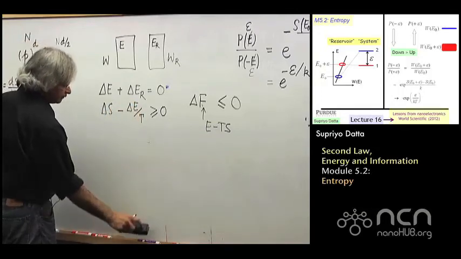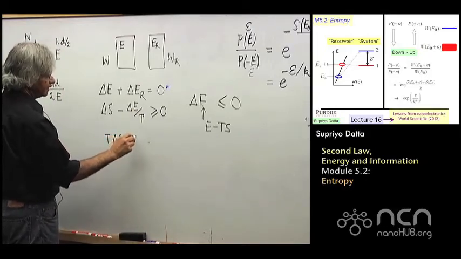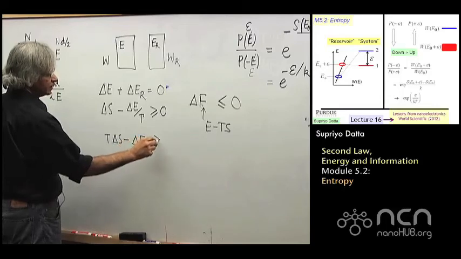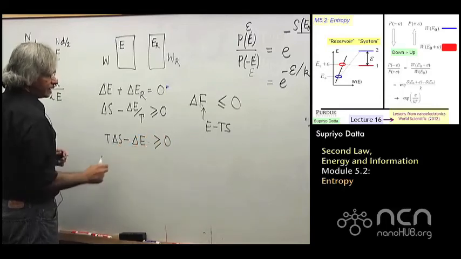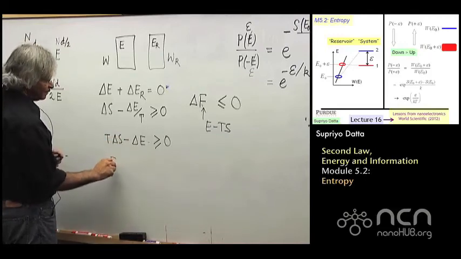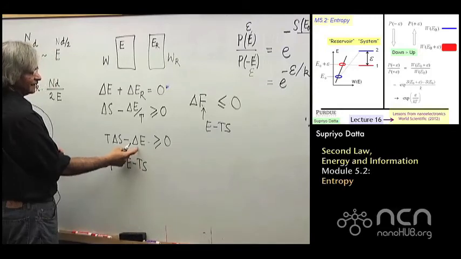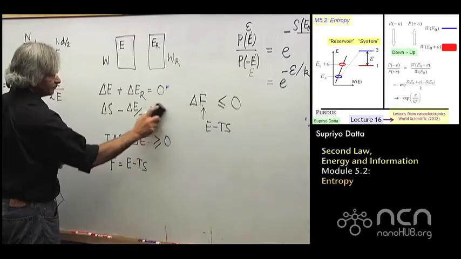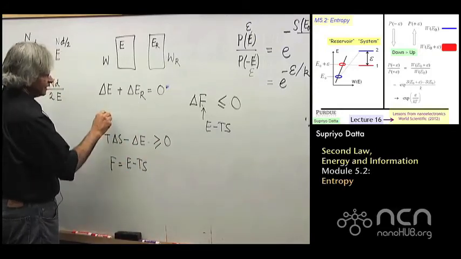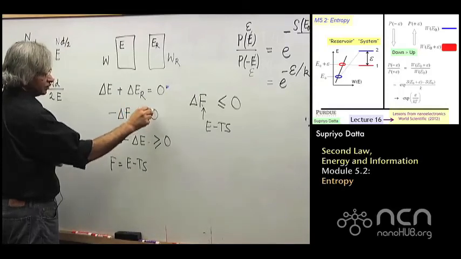And then you get T delta S minus delta E is greater than or equal to 0. And we just defined F as E minus TS. So what we have written here is the negative of delta F. So you could write this as negative of delta F is greater than or equal to 0.